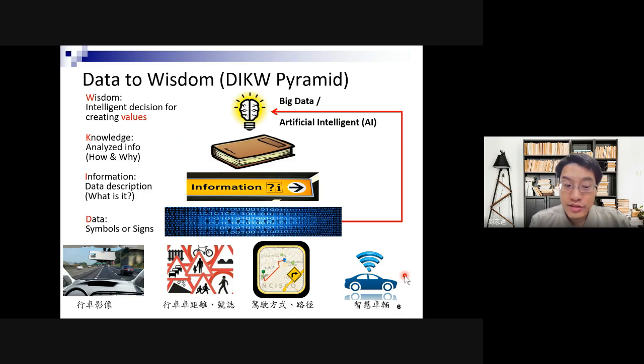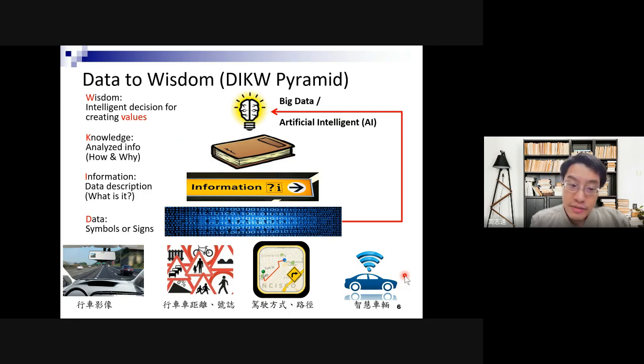D means data, referring to those symbols, signs, raw data. Any digitalized data, which may not be interpreted and understood by humans, but still is data. Of course the volume of the data will usually be pretty huge, and you have to process it before you can actually use it.